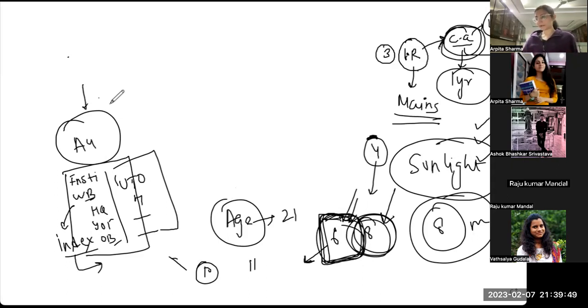Vatsalya, your doubt was finding difficulty in current affairs for 2023 prelims. For current affairs, take any current affairs magazine from a reputed institute, Vision IAS or Insight or Unacademy Articulate, any one magazine. For example, if you are studying the January magazine, try to cover it within 3 days.